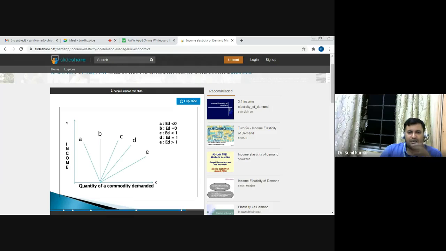So these are the graphs they have depicted, and they want to show how these graphs can fluctuate: when income elasticity is less than 0, equal to 0, less than 1, equal to 1, or greater than 1.